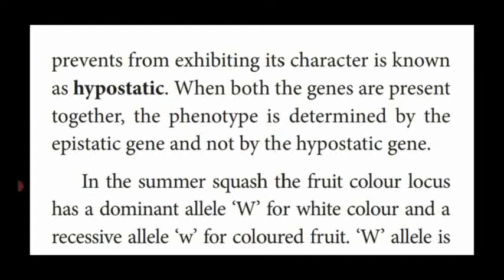The next one, the gene whose expression is interfered with by a non-allelic gene and prevented from exhibiting its character, that means it is stopped from exhibiting the phenotypic character, is known as hypostatic. Both epistatic and hypostatic are important 2-mark questions. Dear students, in this paragraph I have given three 2-mark questions: what is dominant epistasis, and define epistasis and hypostasis.